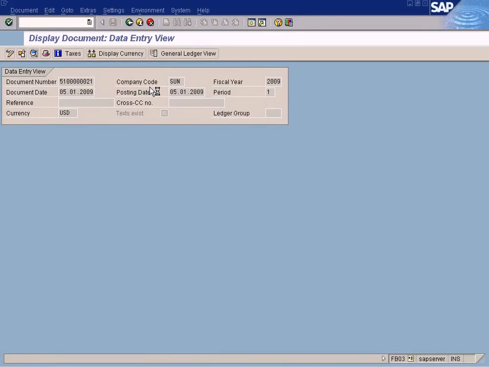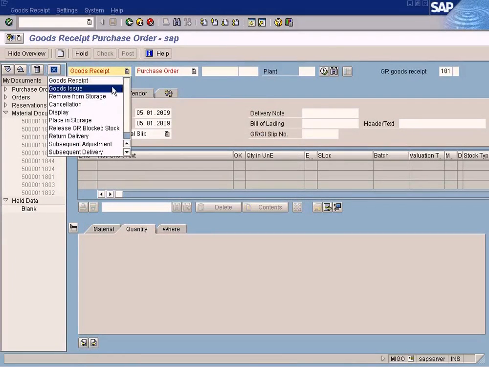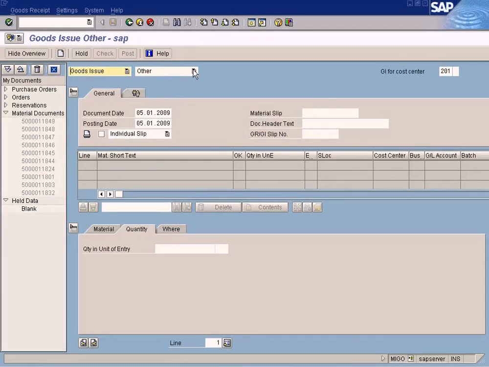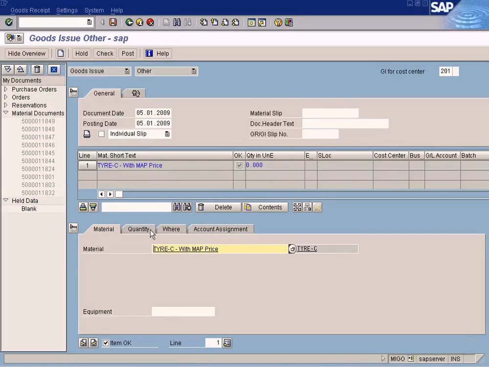How are we going to reduce it? We're going to use the earlier transaction that I told you. Let me go again, just change this option here to goods issue, the second one, and change this to other. You can also issue to order, production order, but I'm going to use this other.